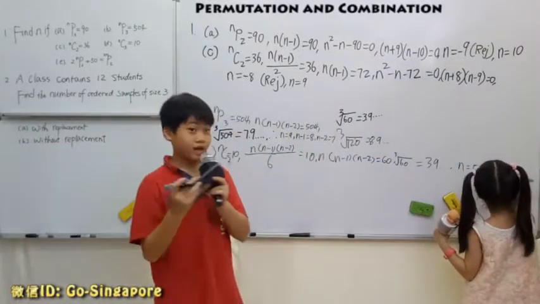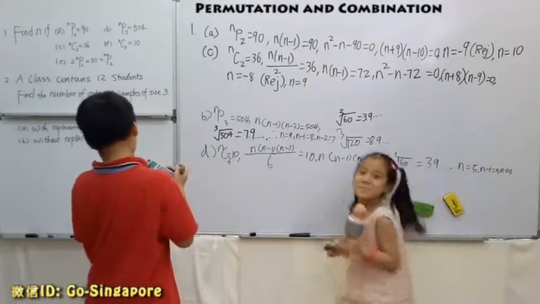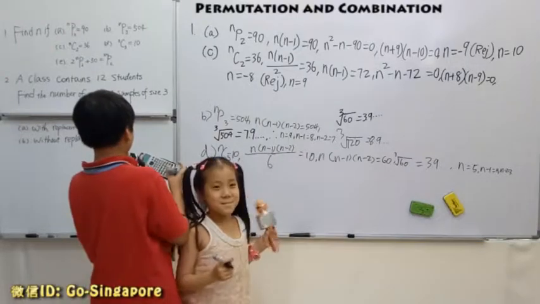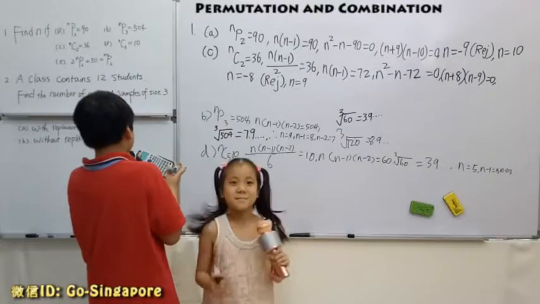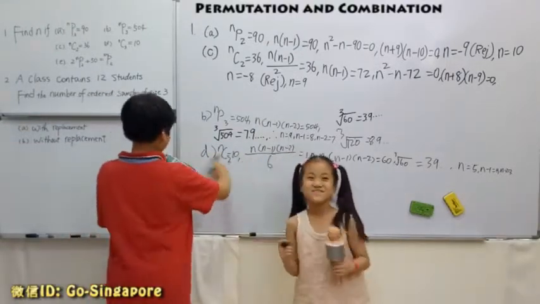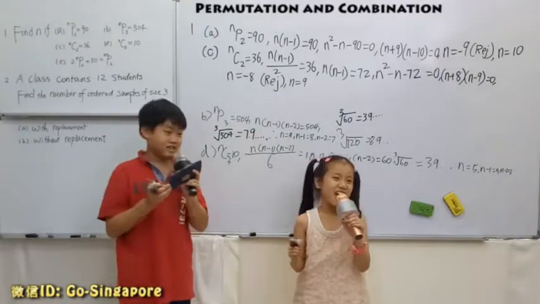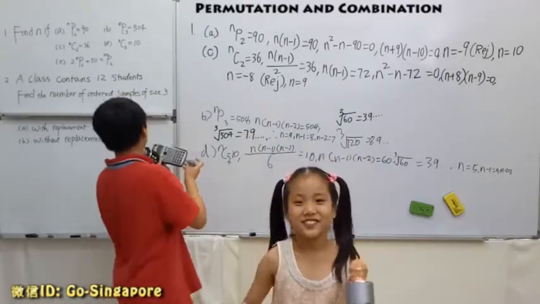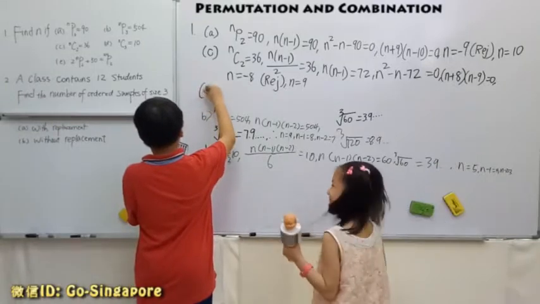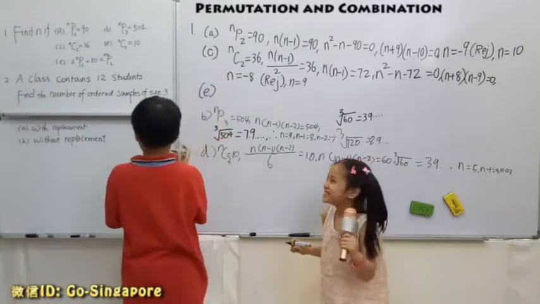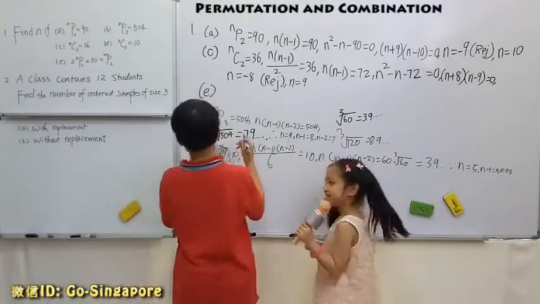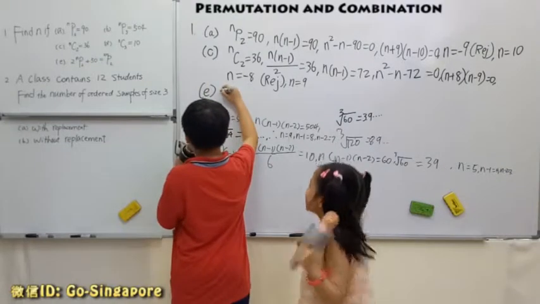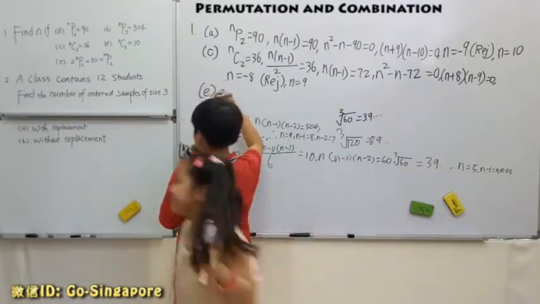That's a 3, right? So actually you write it out. For this part, you found D, right? Yes. Then next we'll move on to E. For E, here we have the 2 times nP2.